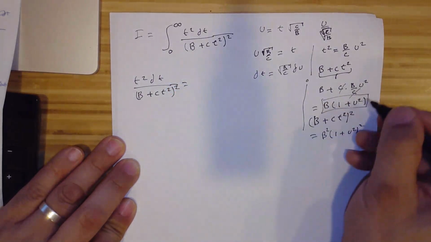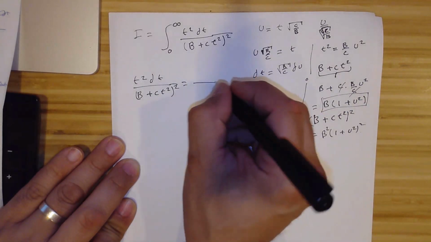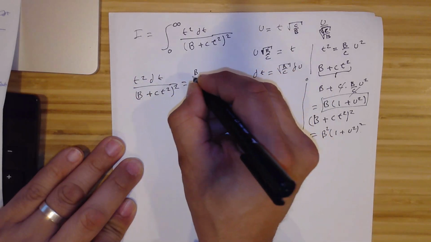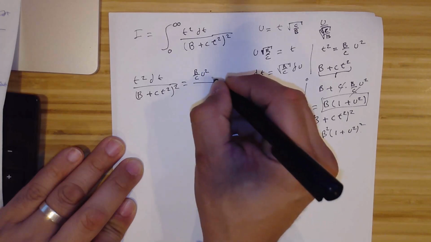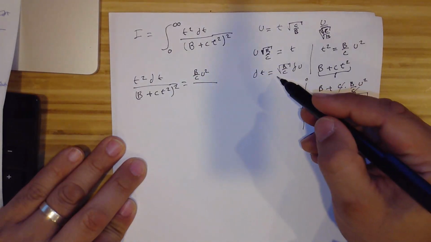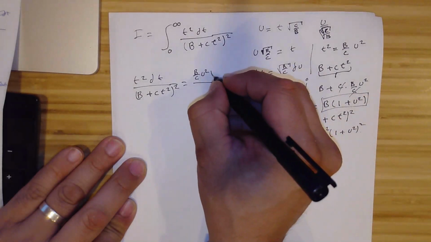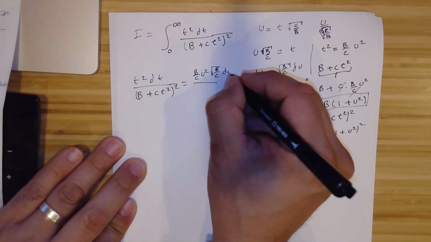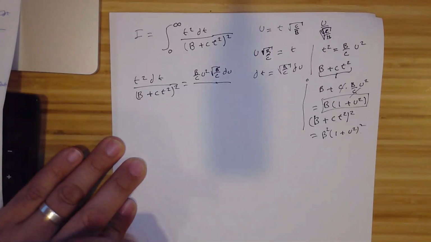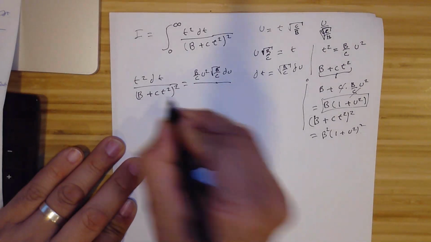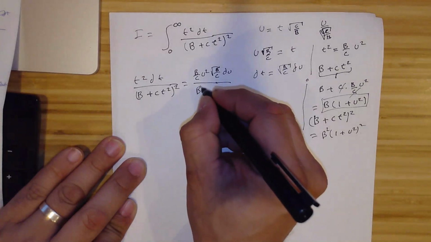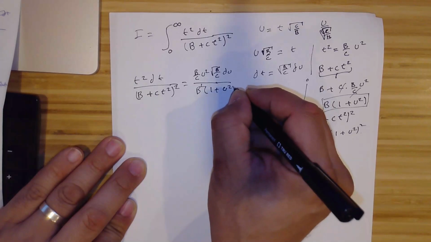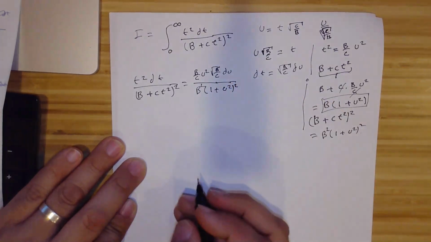We said from this calculation that t squared will be b over c u squared multiplied by the derivative, which is square root of b over c by the du, okay, over everything that we have squared, which is this one, b squared 1 plus u squared squared, right?